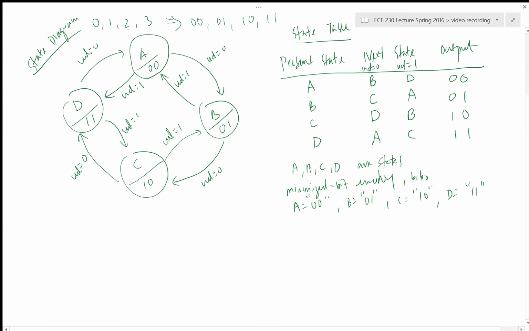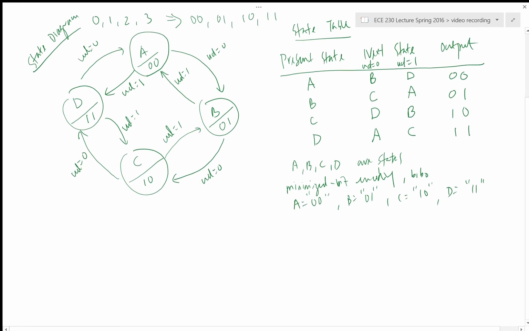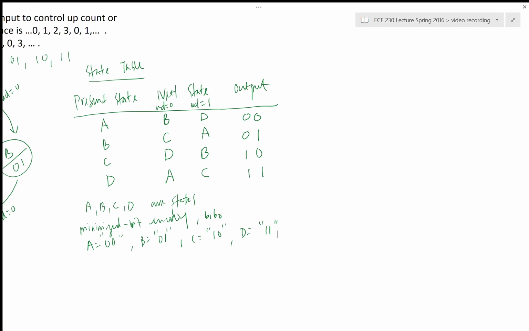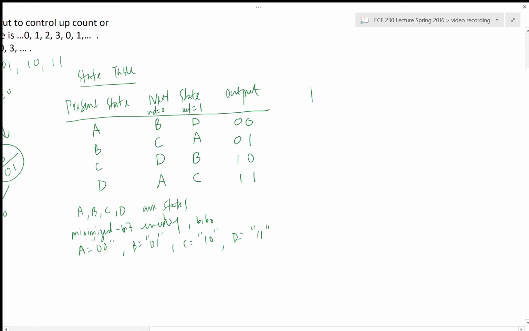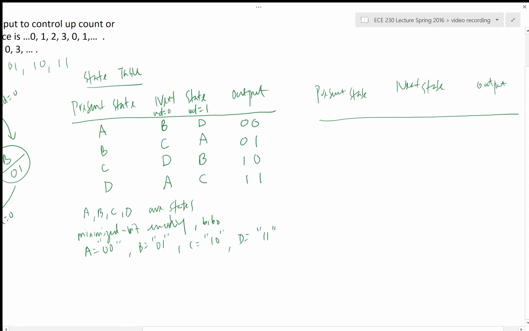Now we can take the table that we have, present state, next state, and output. We're just going to replace all the A, B, C, D with the encoding that we have.